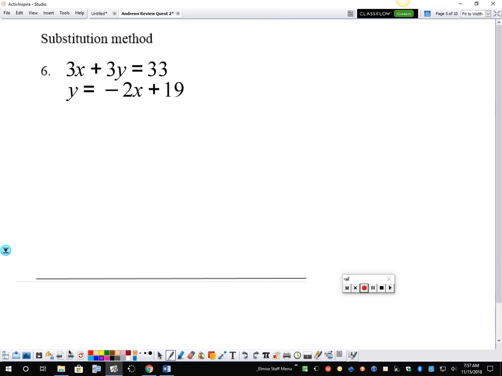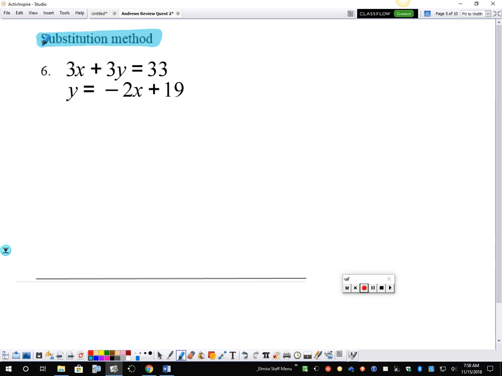Okay, so number 6 starts our algebra of solving systems algebraically. I'm going to give you the method I want you to use, so that you don't have to really figure out which method you're using, you just have to know what it is.